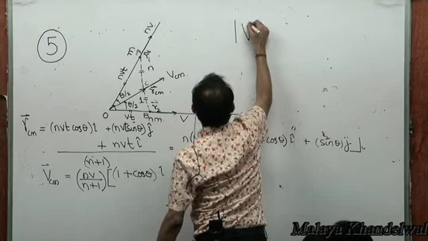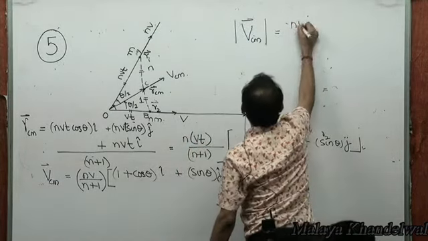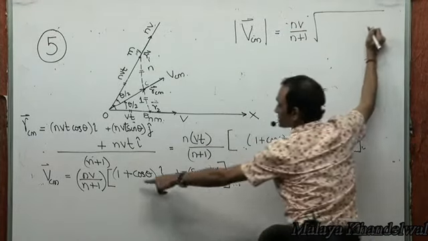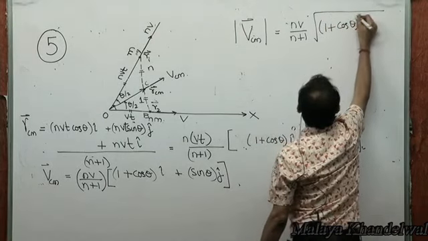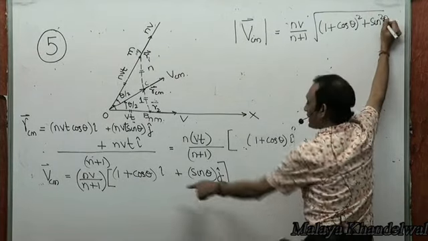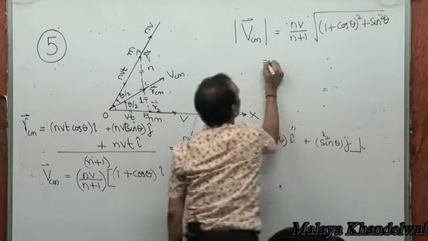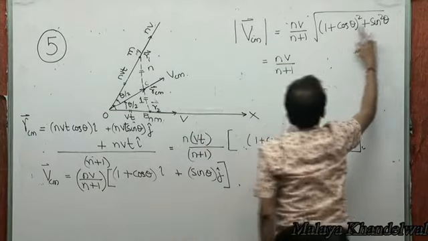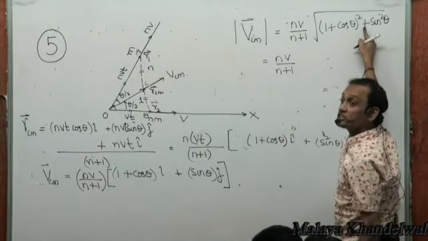The magnitude of the velocity of the center of mass then will become nV by n plus 1, magnitude of this vector, which is the square root of (1 plus cos theta) whole squared plus sin square theta. That's the magnitude of this vector, yes or no? Cos square theta plus sin square theta is 1. 1 plus 1, 2. 2 plus 2 cos theta is what this would become.